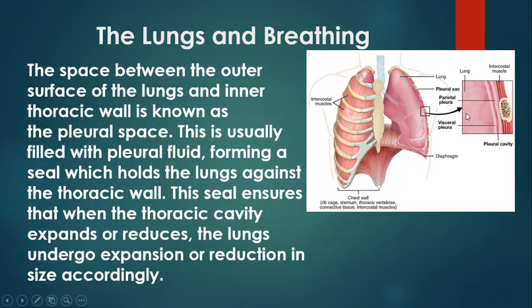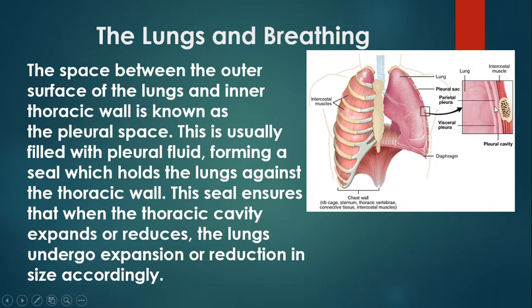In our lungs, what happens? The two lungs are there, and the main thing we have to understand for understanding the mechanism of breathing is the space between. Here it is, the pleural cavity. The lungs are here, with the visceral pleura and the parietal pleura.